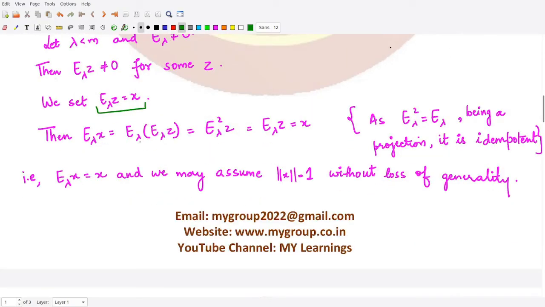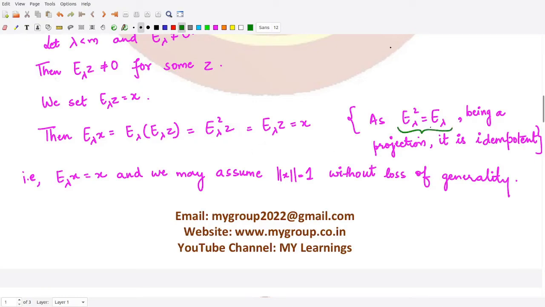Now we can see E lambda of x. When we apply E lambda onto x, we could substitute the value of x here. It is E lambda of E lambda of z, so it becomes E lambda square of z, and E lambda square is nothing but E lambda only. Why?